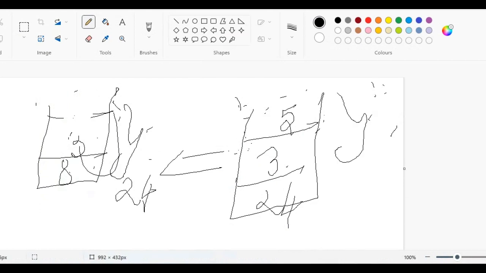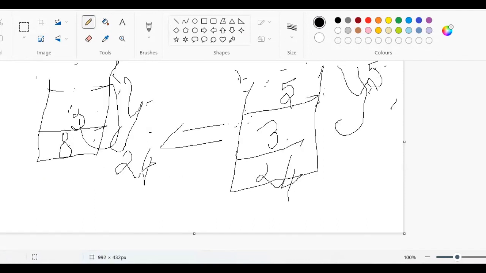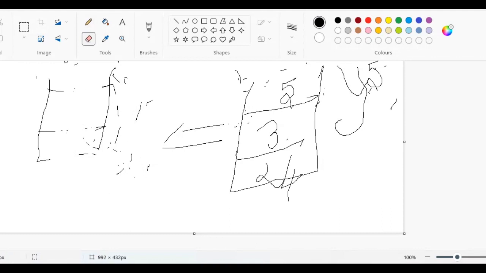If we multiply these two numbers, it will be 15. So the stack has 24 and 15.